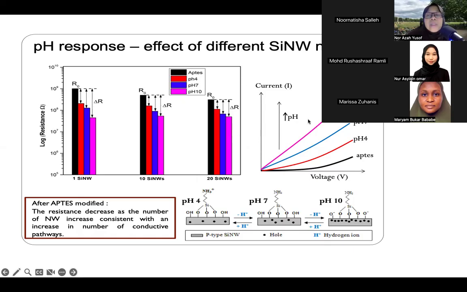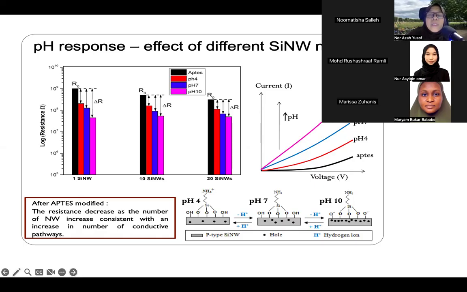So this is a bar chart. Let's say we plot a graph of current versus voltage, and this is using, I believe, one single nanowire. We can see there is a very significant difference between pH 4, 7, and 10.